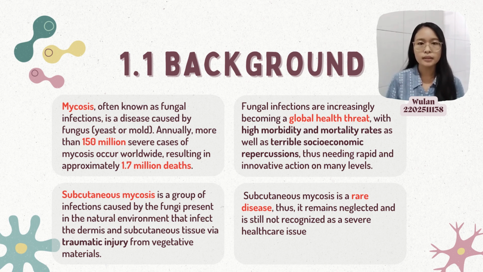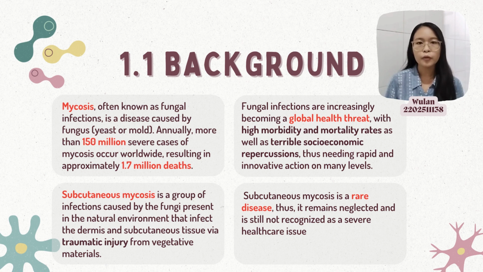One type of mycosis, subcutaneous mycosis, is a group of infections caused by fungi present in the natural environment that infect the dermis and subcutaneous tissue via traumatic injury from vegetative materials. Subcutaneous mycosis is a rare disease, thus it remains neglected and is still not recognized as a severe healthcare issue.